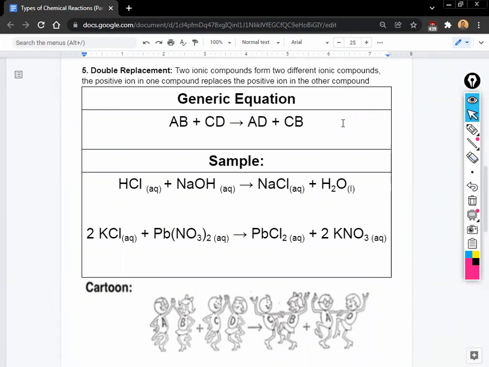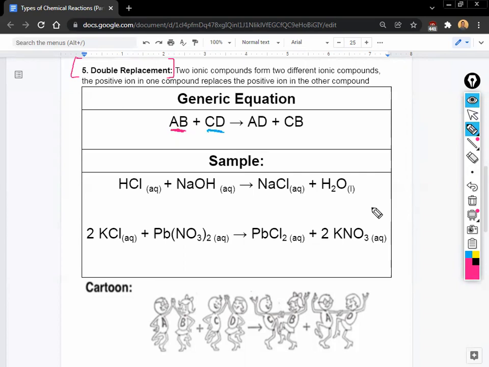All right. Let's go on to the last one. So this is the last type of reaction that we'll be looking at. And this one is called a double replacement. So we just had single replacement, and now we're going to have double replacement. Okay. So a double replacement is where you have 2 chemicals, right? Here we have AB and we have CD. But what's going to happen is they're going to switch.